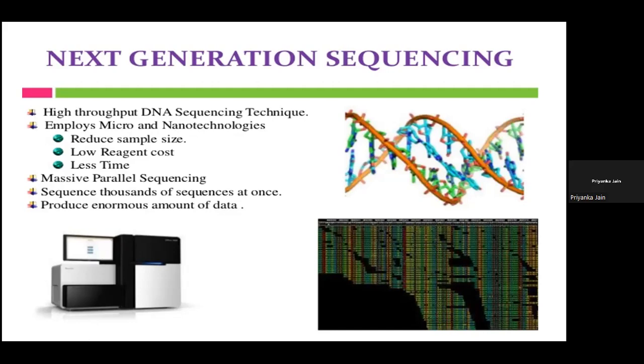Now the next version of this is NovaSeq, which is currently being used for Illumina sequencing, which is a short read sequencer. For the long read sequencer, there is Sequel, which is from Pacific Biosciences.